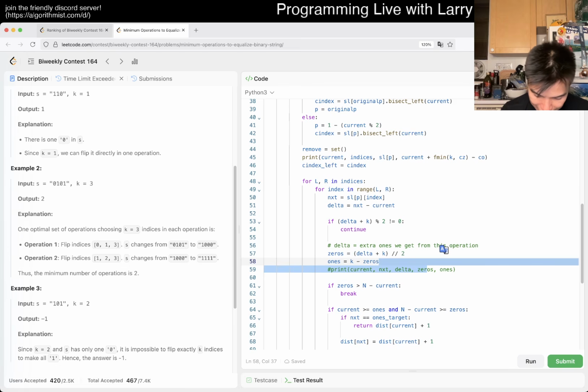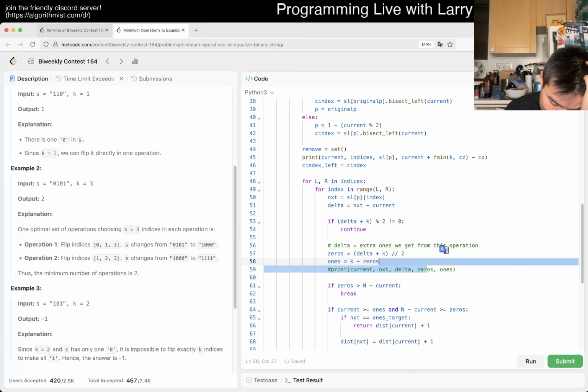So what is that? That's one of the bounds, but I don't know which one because I'm just brain dead right now.